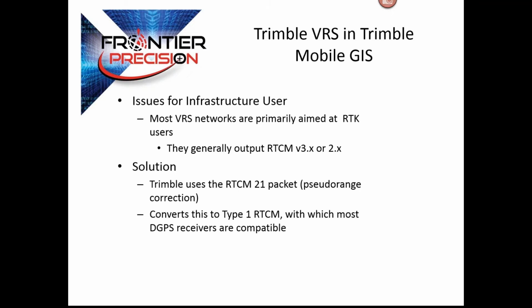Some of the higher accuracy devices like the GeoXH and the 6000 series are using carrier phase, so this is not applicable to those receivers, but there are some legacy receivers out there that are still able to use DGPS and don't realize that VRS can do that for those operators.